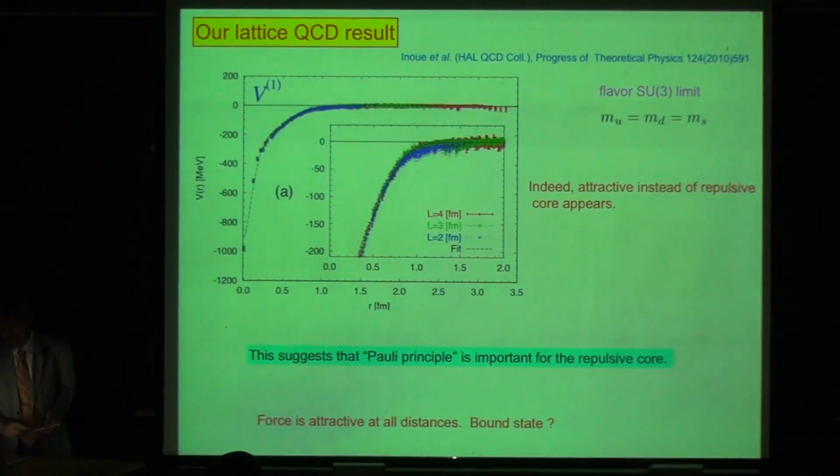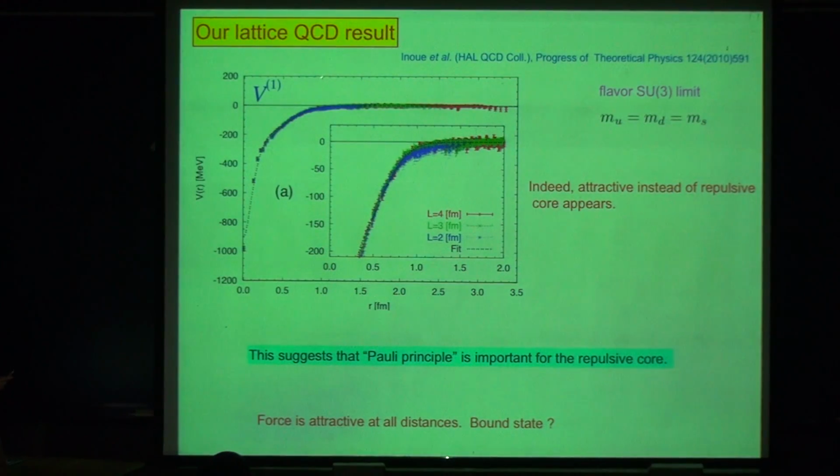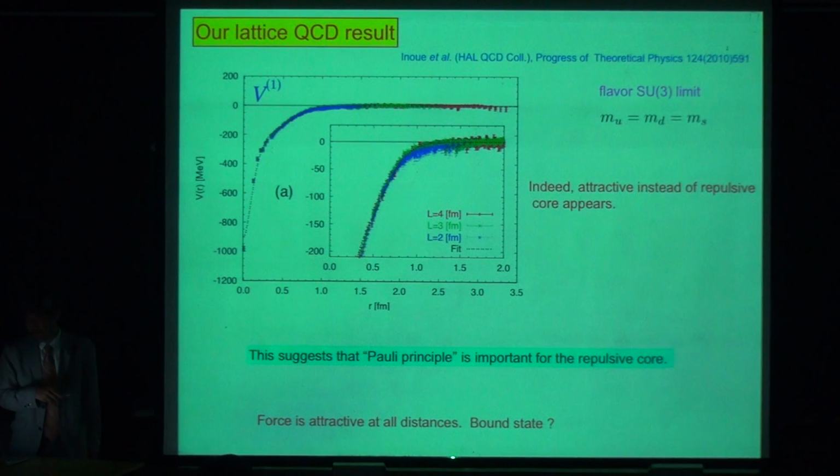Actually, we calculated the omega-omega interaction and found indeed there is no repulsive core. So instead, we have an attractive potential, an attractive core, not a repulsive core. So the attraction is very strong. So this calculation suggests the Pauli principle is important for understanding the repulsive core.